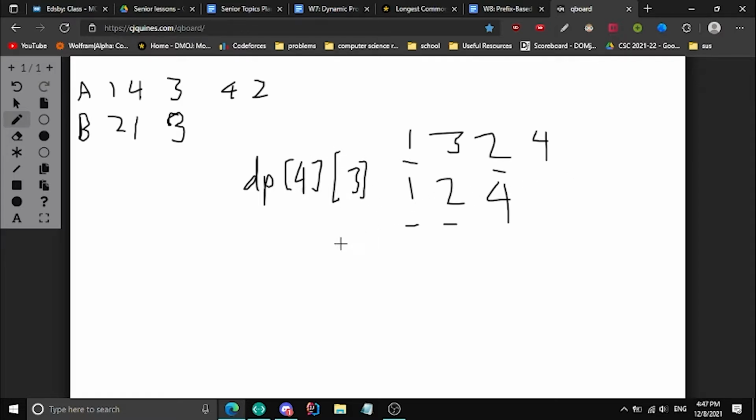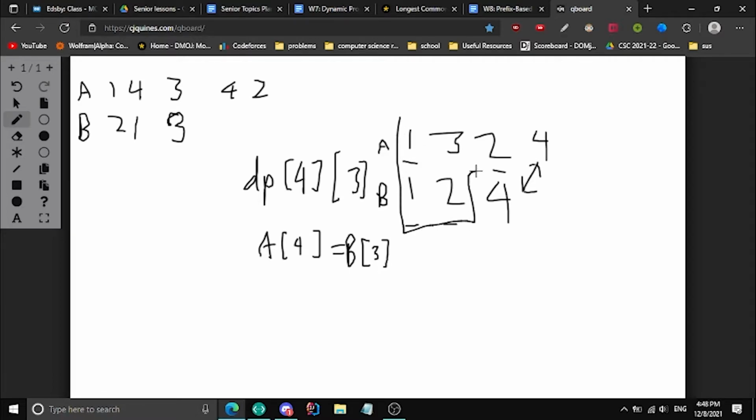Now I know these two elements are equal, so a at 4 is equal to b at 3, and by the way, this is 1 indexing, where this sequence is a and this is b. Okay, so if these are equal, then they are added to the longest common subsequence of the smaller subproblem.